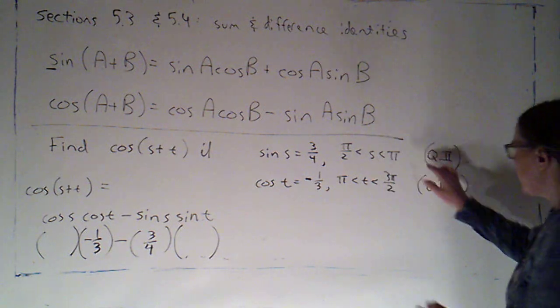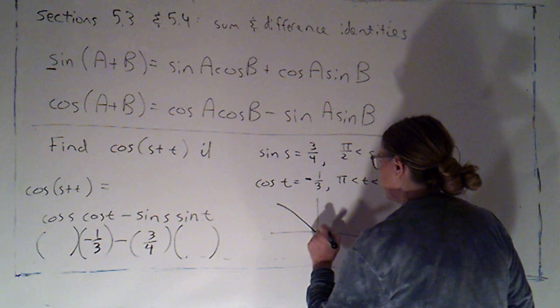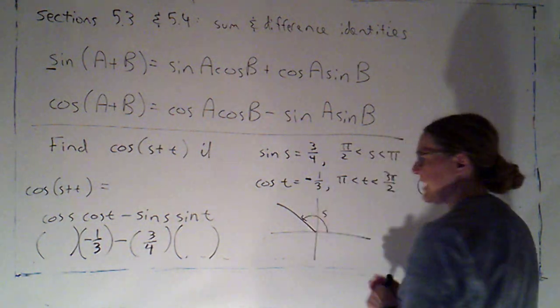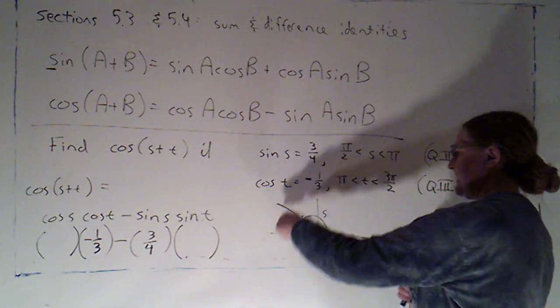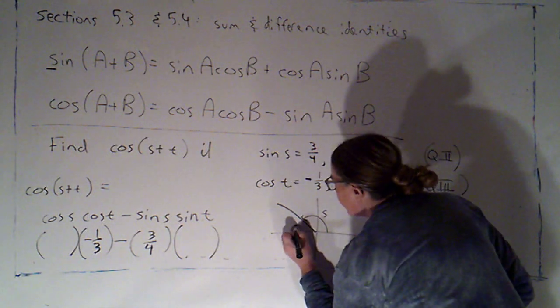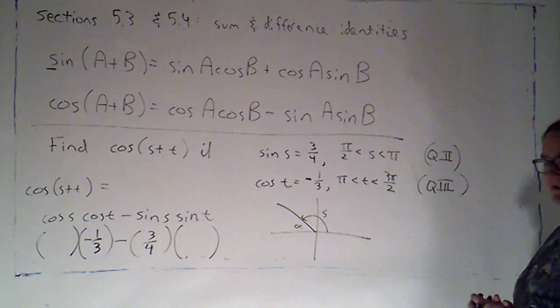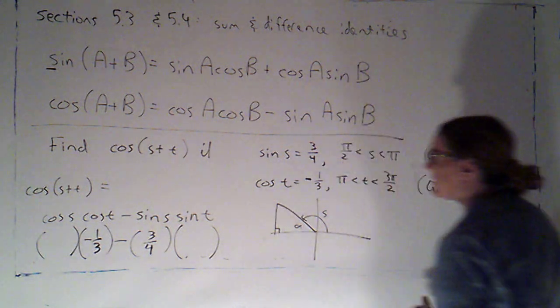So for s, we were told it was in quadrant 2. Okay. So I'm going to draw it as an obtuse angle. It could, of course, rotate around multiple times, or it could rotate in the negative direction, but I've sort of got that. I'm going to let alpha be its reference angle. And then I've got this nifty right triangle.